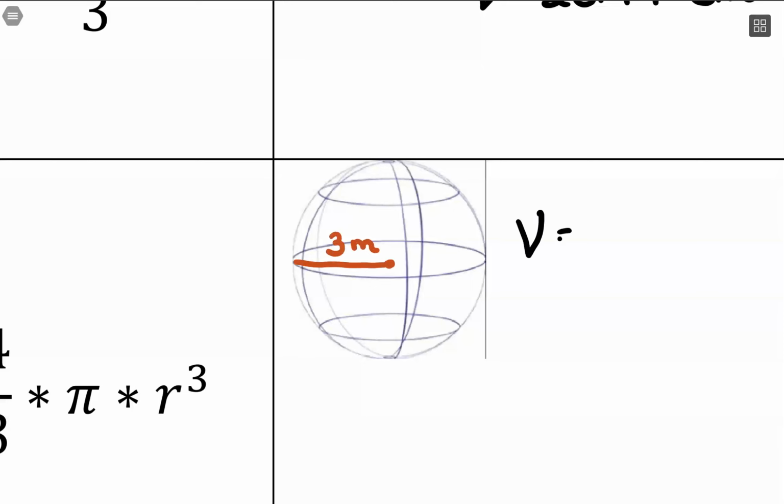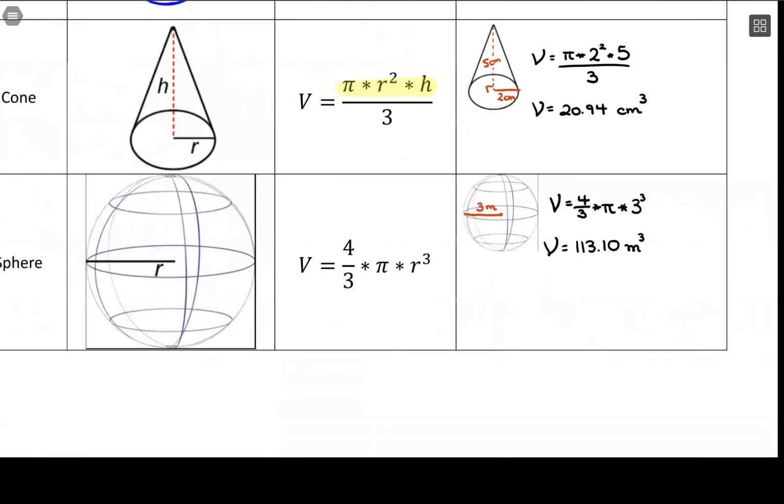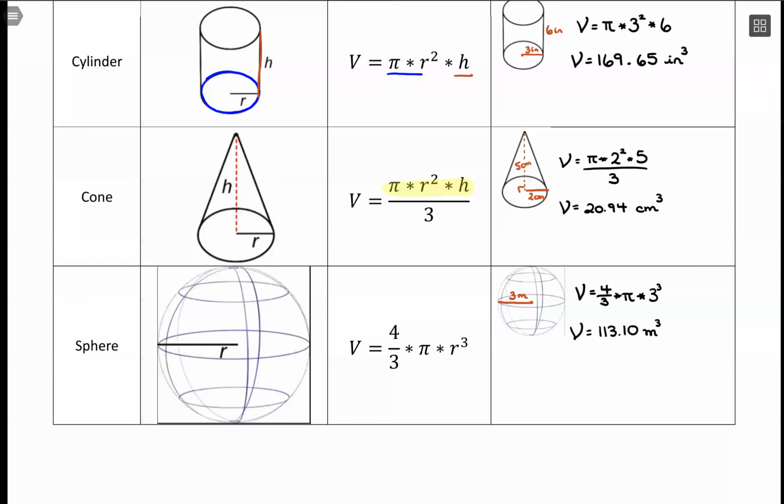So for our formula, we'll be taking 4/3 times pi times 3 cubed, and we'll just plug all of that into the calculator for 113.10 meters cubed.